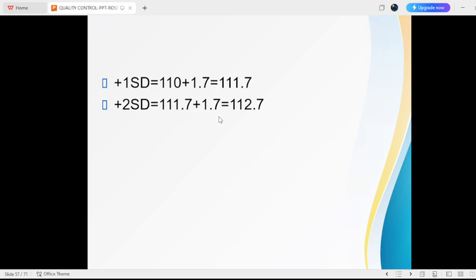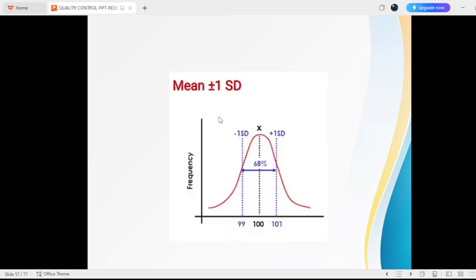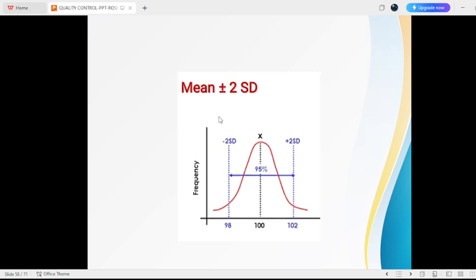That is our minus 2 SD value. Similarly, we can find plus 3 SD and minus 3 SD, and so on. So this is the method of calculating SD, plus 1 SD, and plus 2 SD. This is the graphical representation of plus or minus 1 SD and plus or minus 2 SD.